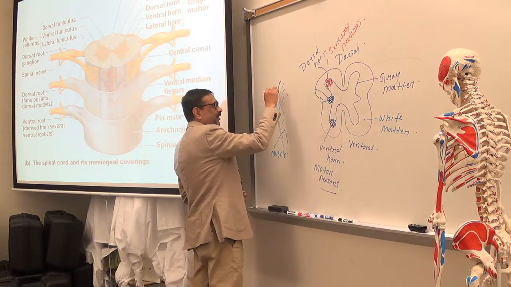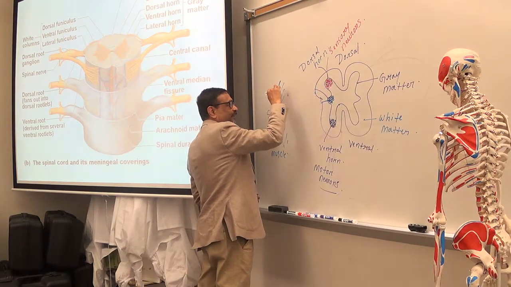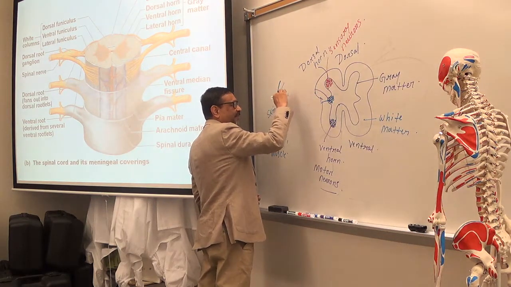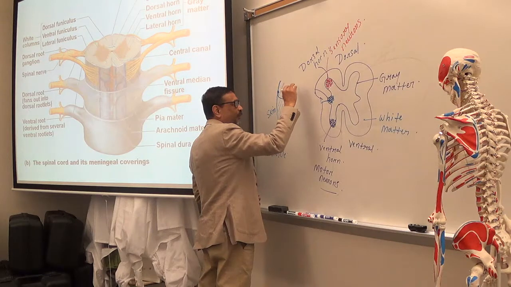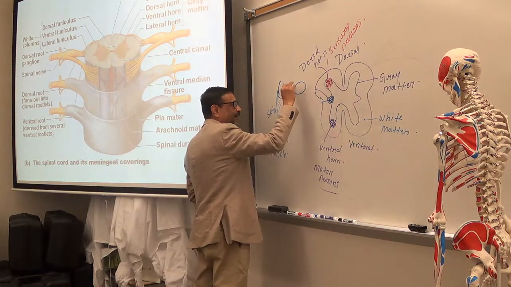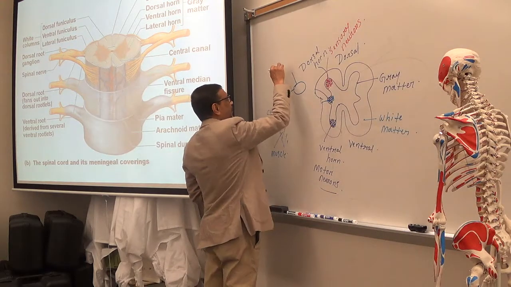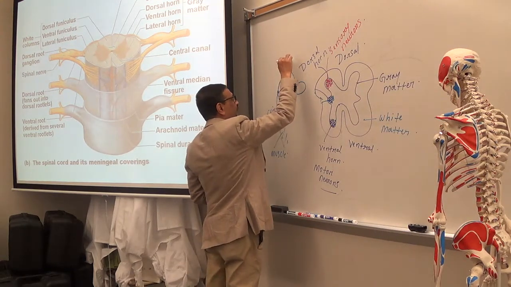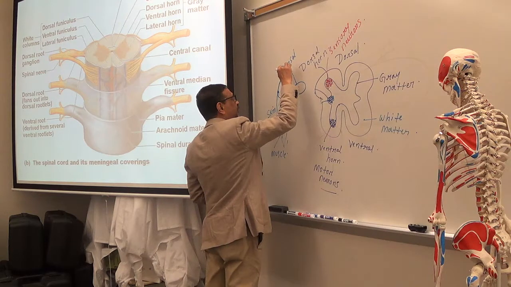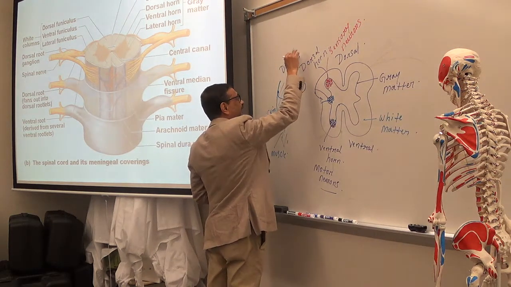That is a sensation, right? So that sensation will be taken from the skin to a round structure that is called the dorsal root ganglion.